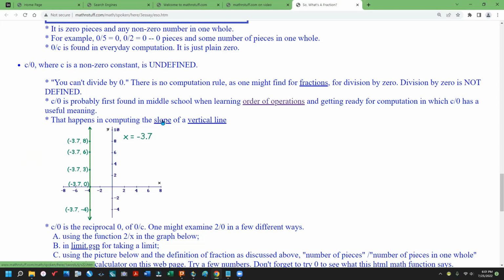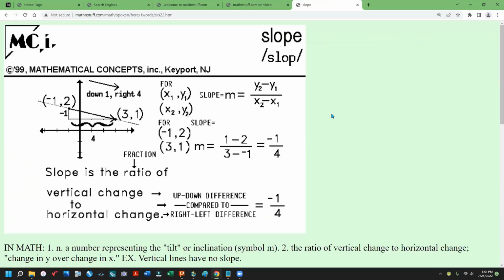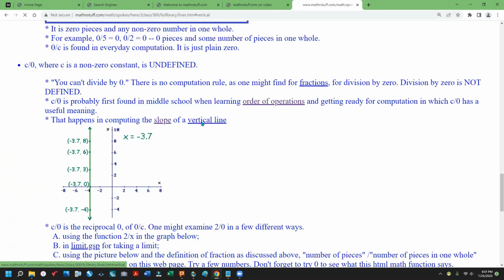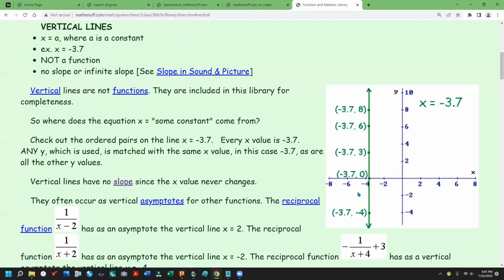Slope, rise over run, y2 minus y1 over x2 minus x1. Vertical line, there's a vertical line. Every single x value on the line is the same. The y values change.